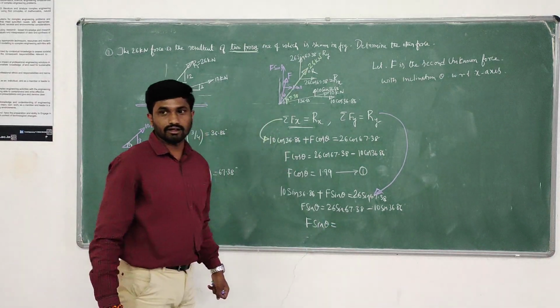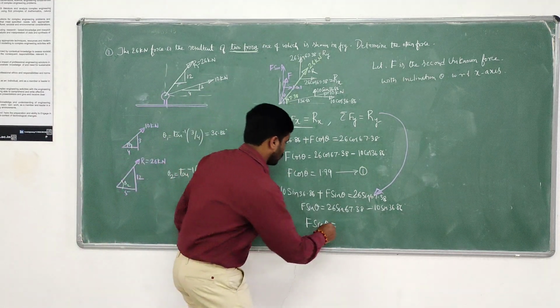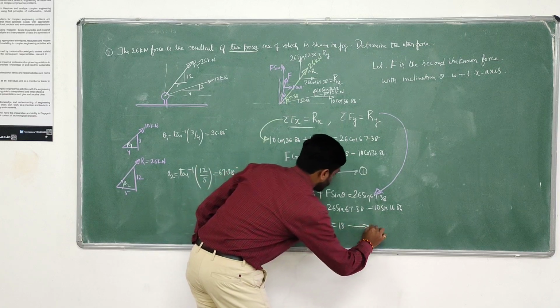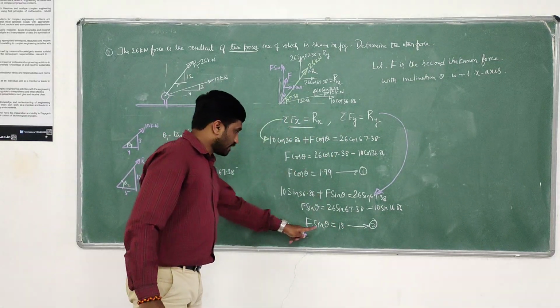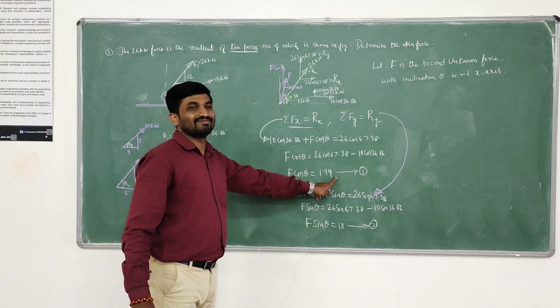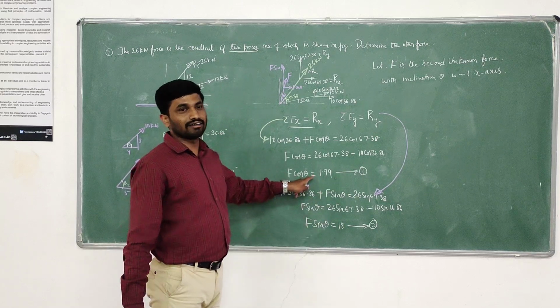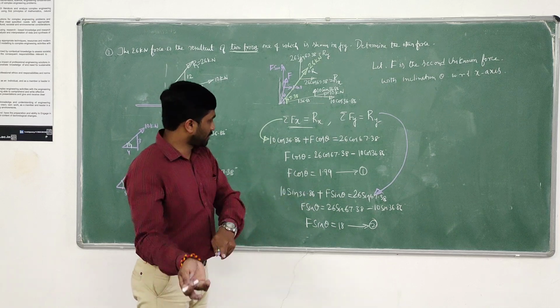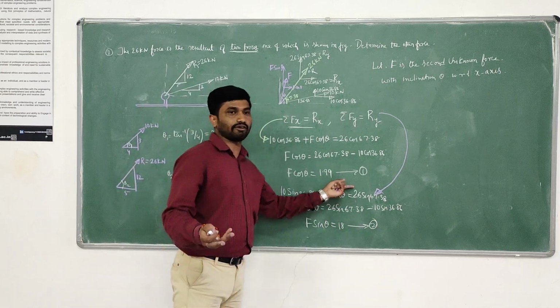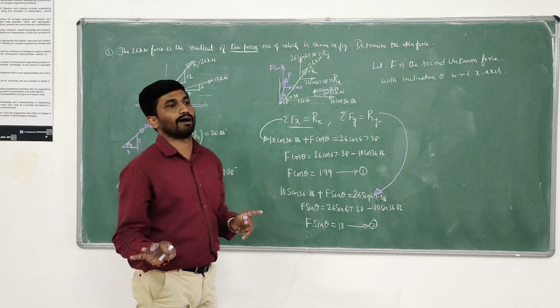What is F sin theta? 18. So you are getting equation number 2. Now equation 2 divided by 1: sin theta by cos theta gives tan theta. We are getting the theta value. Once you have theta, substitute into equation 1 or equation 2 and you get the F value.